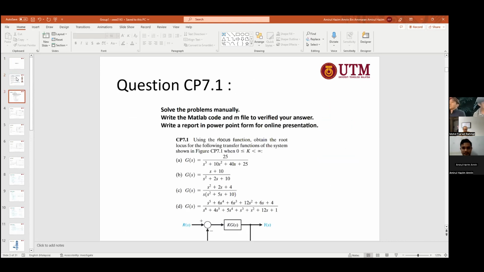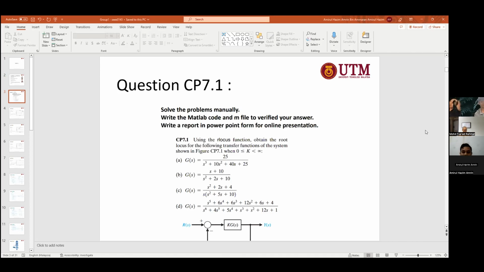So for the first question, given the transfer function, G(s) equals 25 over s cubed plus 10s squared plus 40s plus 25.